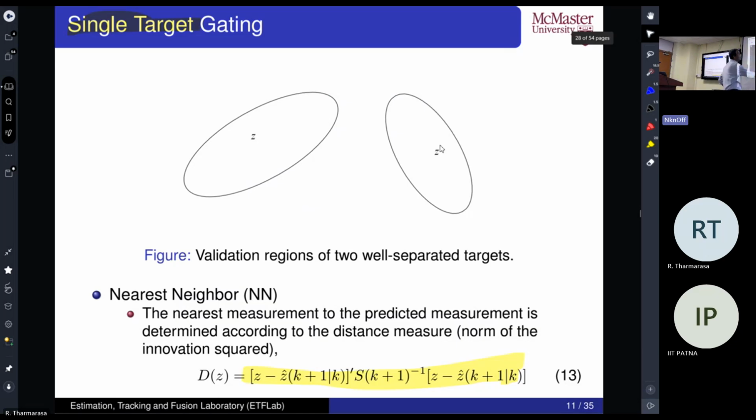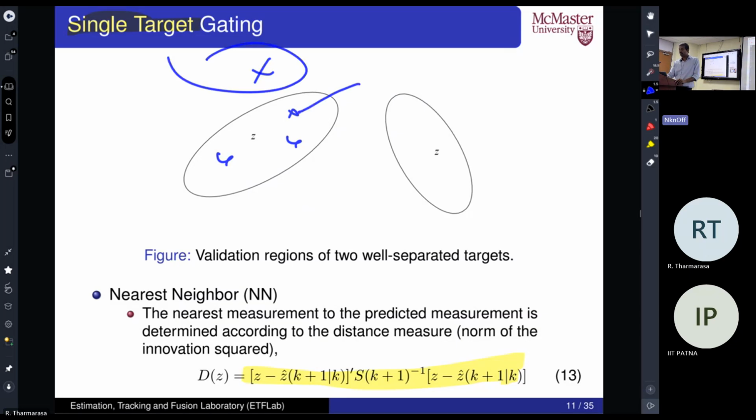As long as these gates don't overlap, we consider two single targets. Then if we have a few measurements here, this one we don't care about. These three measurements, I find D1, D2, D3, and find the measurement that gives the minimum distance, and distance is defined by this.